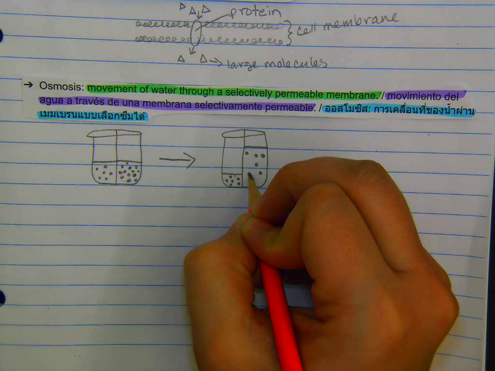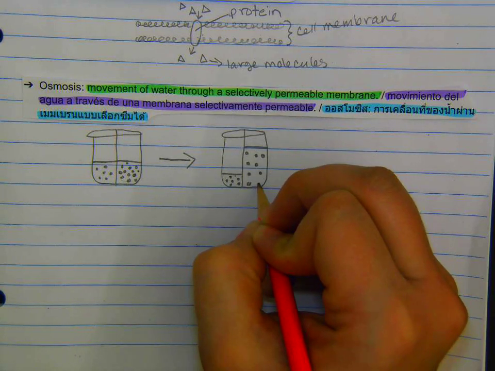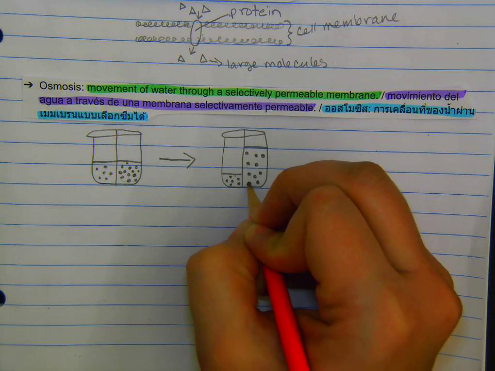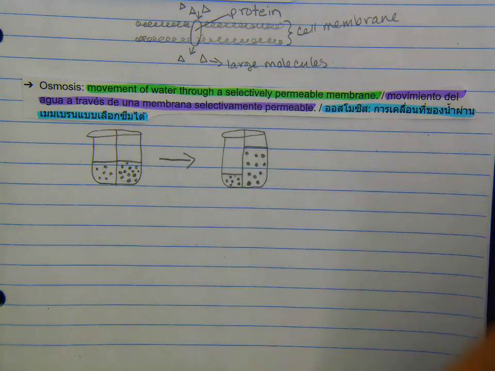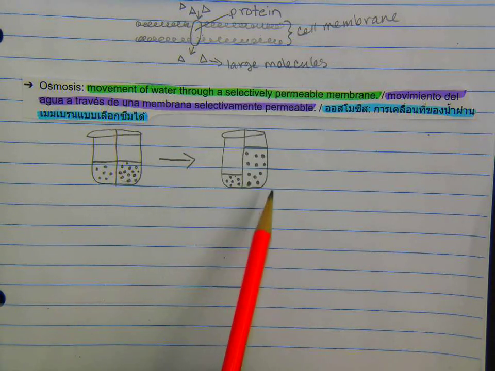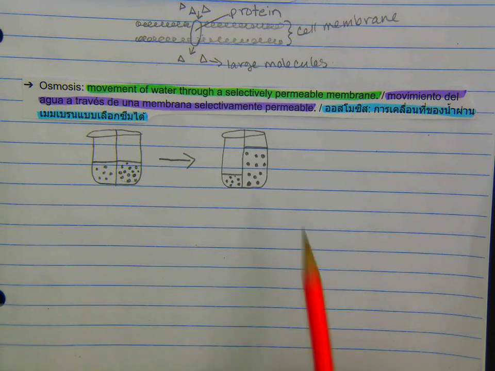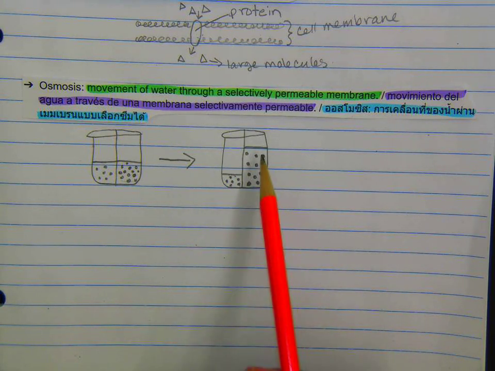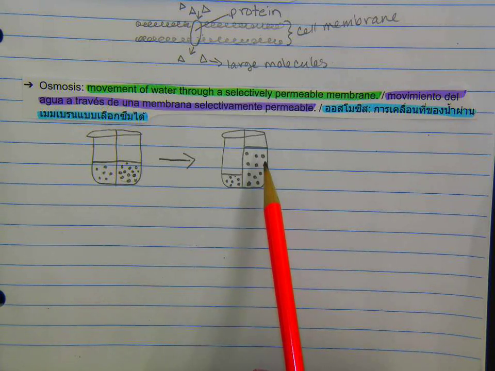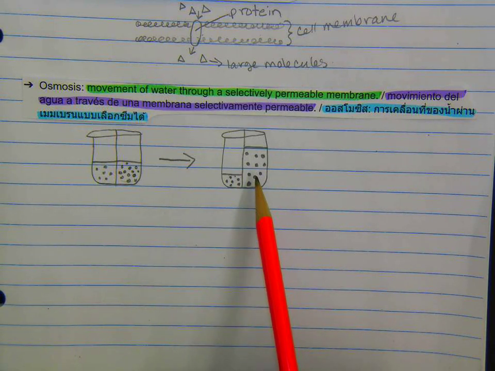So the water moved from the area of low concentration to the area of high concentration. So now these particles have room to space out. Basically, the water came in and made the room bigger instead of the particles having to move themselves.